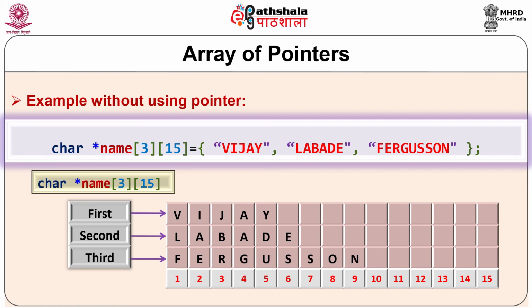And let us see first, second, third. So, the first string is Vijay, the second string is Labde, the third string is Ferguson.